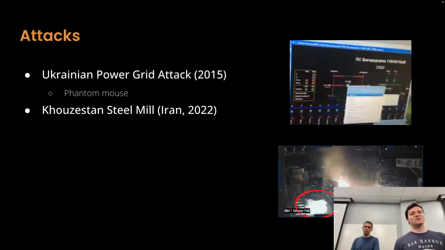They were able to click around and make the molten steel in the facility spill uncontrollably across the plant. The photo in the bottom right is from a webcam the attackers put online, where the red circle shows the workers running away because the molten steel is spilling everywhere. Pretty crazy attack.